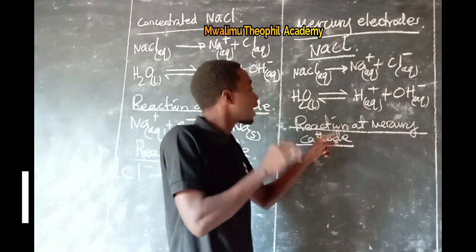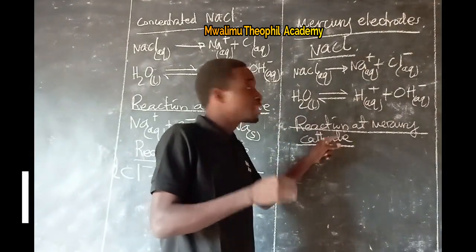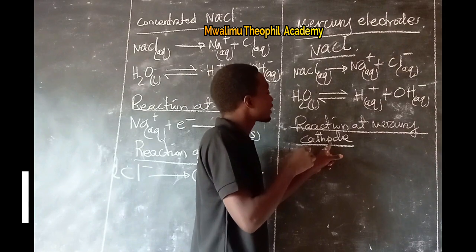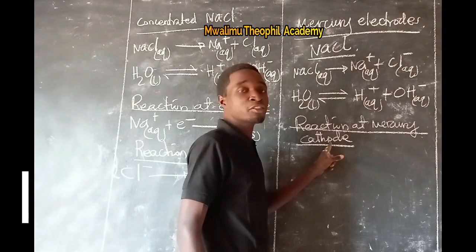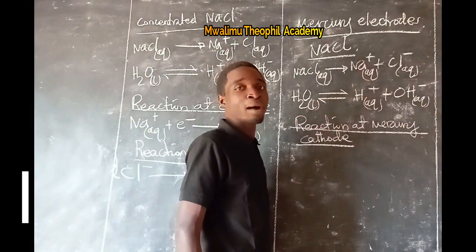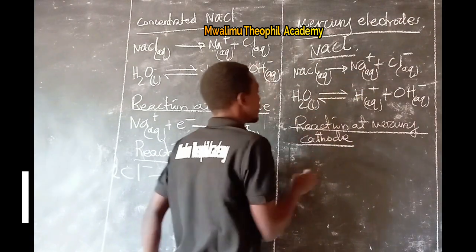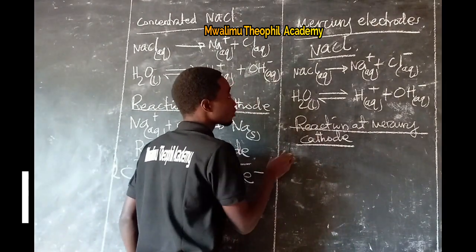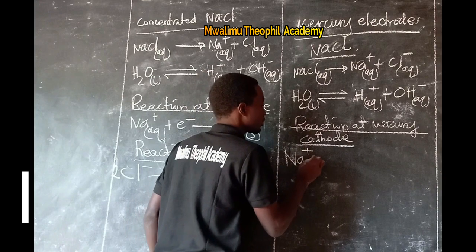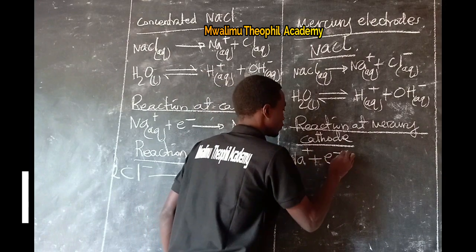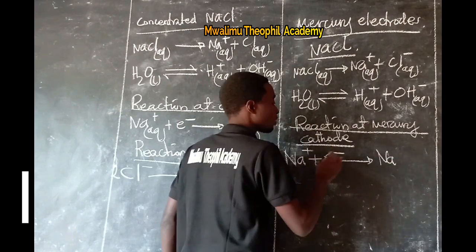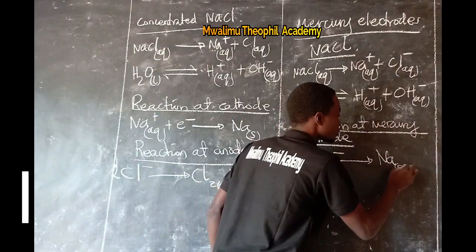You have to note that the nature of the electrode is going to be applied. When the electrodes are made of mercury, the reaction at the cathode will involve the discharge of sodium ion to form sodium metal.